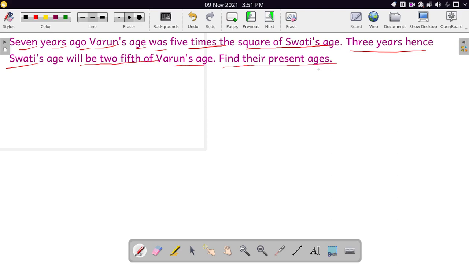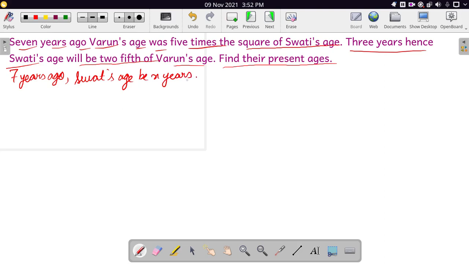So 7 years ago, okay, we need to assign variables. So what we will do, we will write 7 years ago. Let us take Swati's age to be x years.